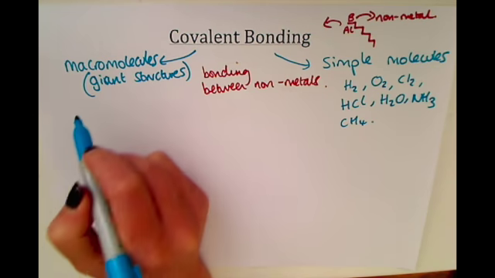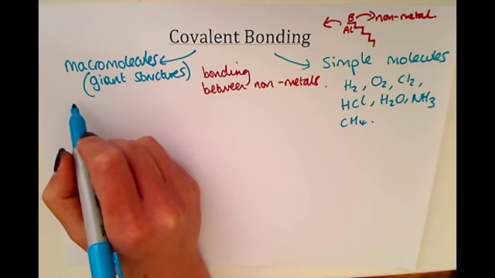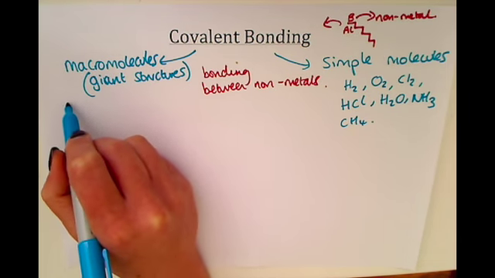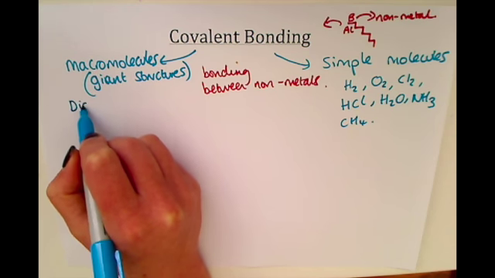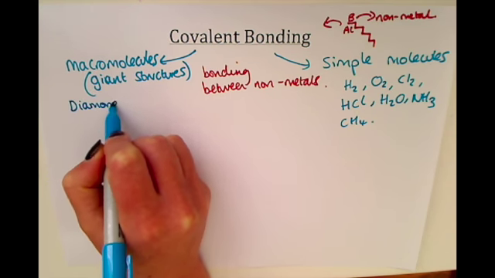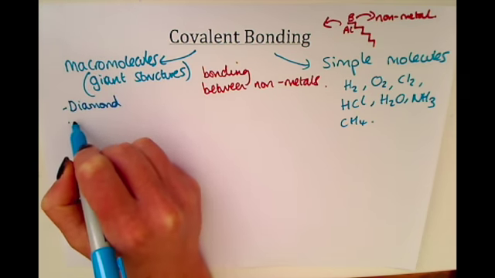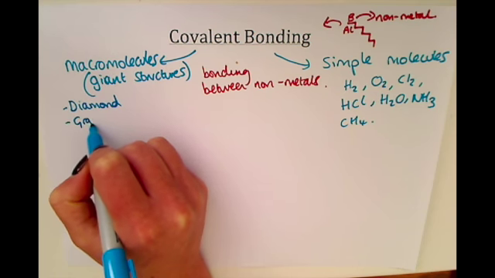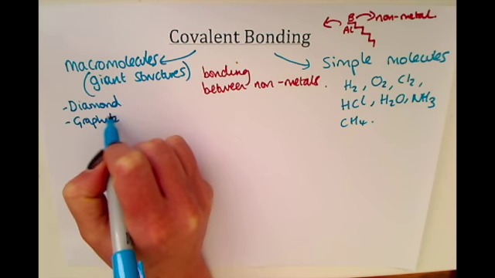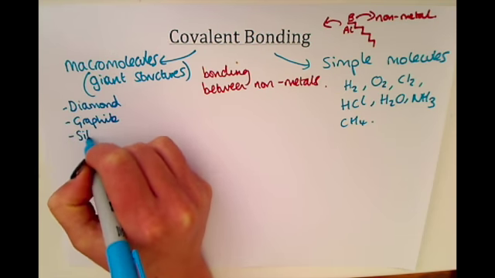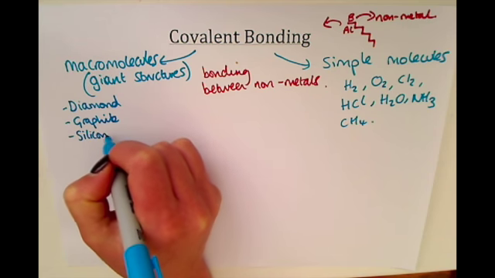For the macromolecules, which we'll discuss in more detail in a later video, you get things such as diamond, graphite, and silicon dioxide.